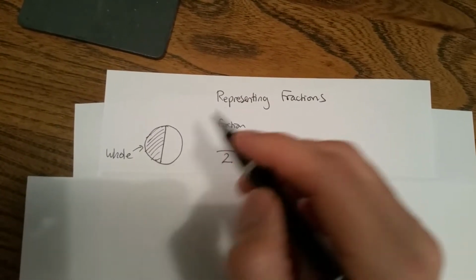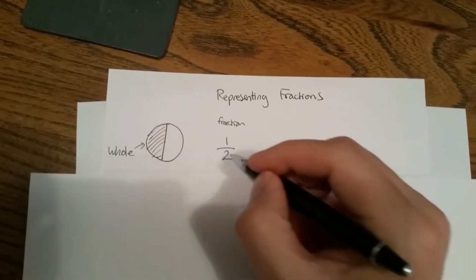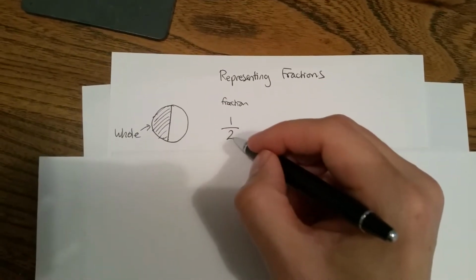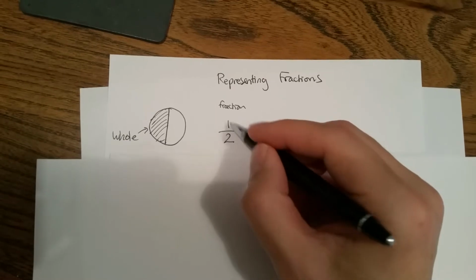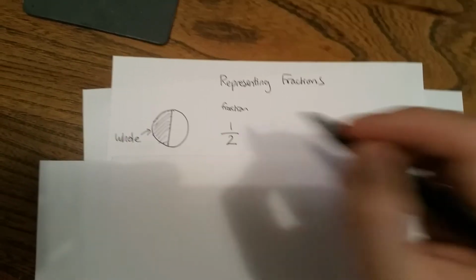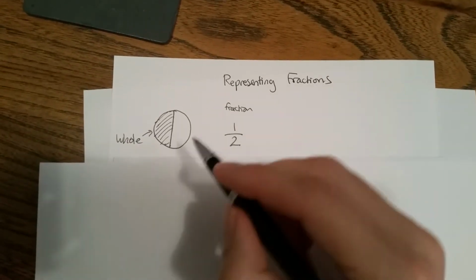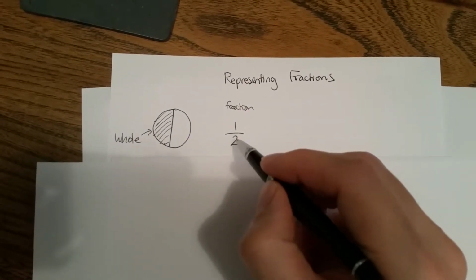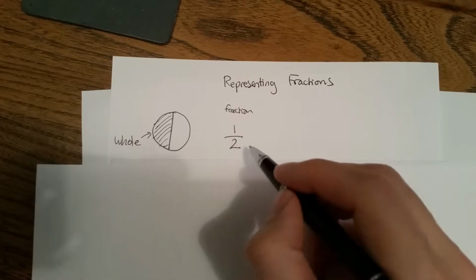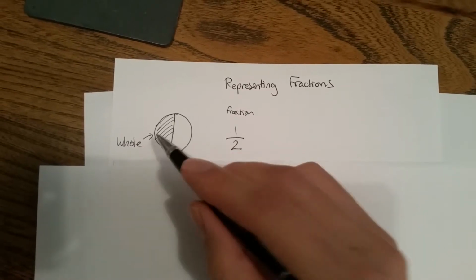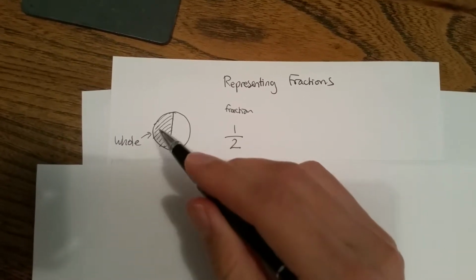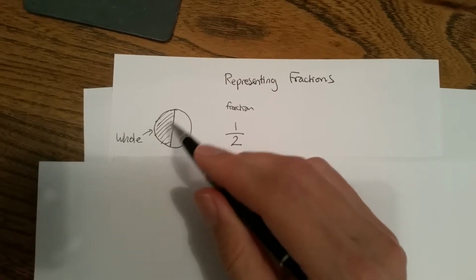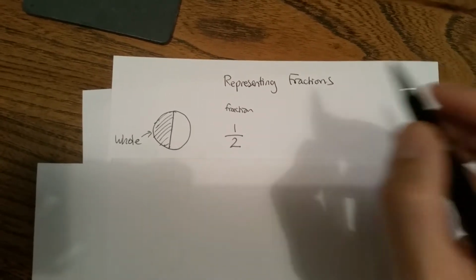Well, I only ate 1 part, so this is my fraction, 1/2, or you might know that as a half. So that's great. I can draw it as a picture, and I can write it as a fraction. Remember, how many parts I split it into goes on the bottom, and how many parts I am interested in, or how many parts I ate, or how many parts I take out is at the top.